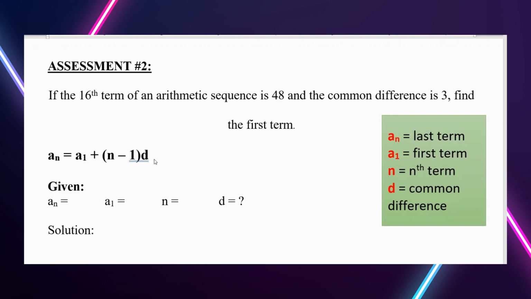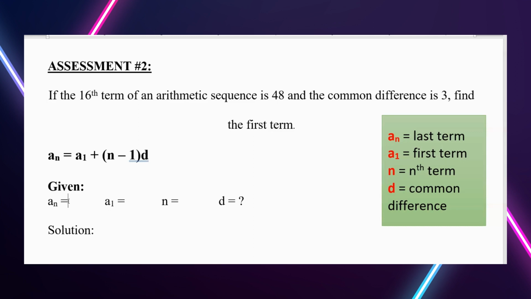So using the formula again, a sub n is equal to a sub 1 plus n minus 1 times d, wherein a sub n is the last term of the sequence, a sub 1 is the first term of the sequence, n is equal to the nth term of the sequence, and d is the common difference. Gagamitin natin ang formula na ito para makuha natin ang a sub 1 o ang first term. But before that, we have to identify our given.